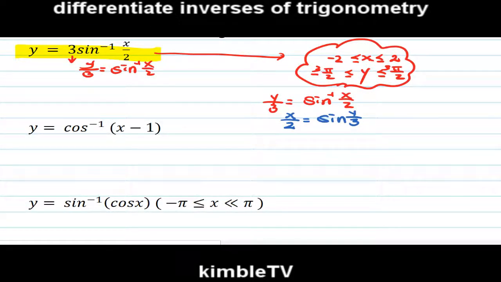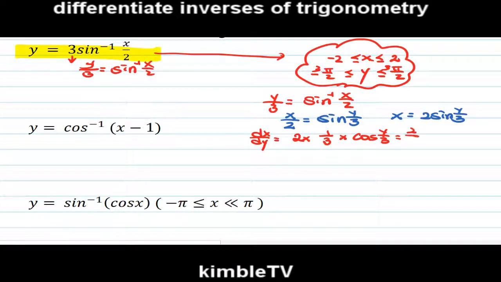Let's move 2 to the right-hand side for convenience. x equals 2 sine of y/3, and dx/dy equals 2 times cos of y/3, and then differentiate y/3, which gives 1/3, according to the chain rule. Therefore 2/3 cos of y/3.